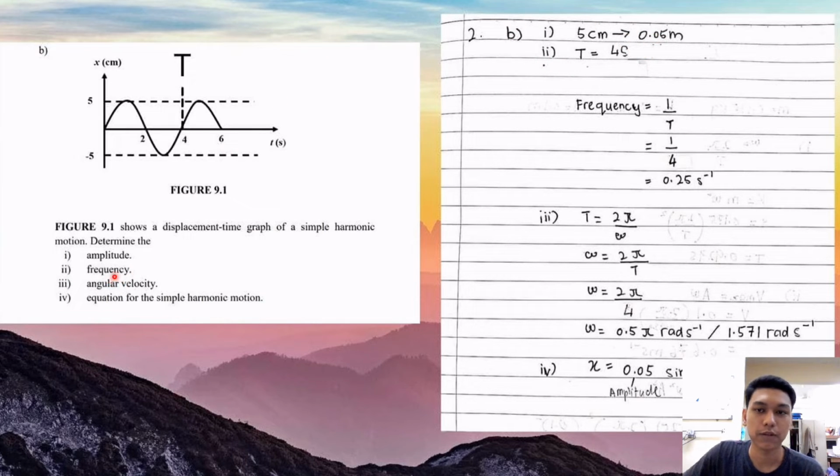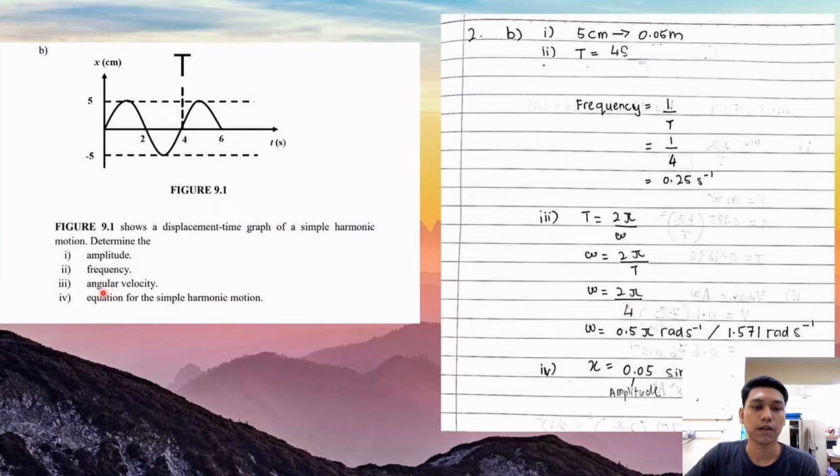And the frequency is 1 over period. So the period, one complete oscillation, is 4 seconds. So the frequency is 1 over 4, and we get 0.25 Hz or 0.25 per second.